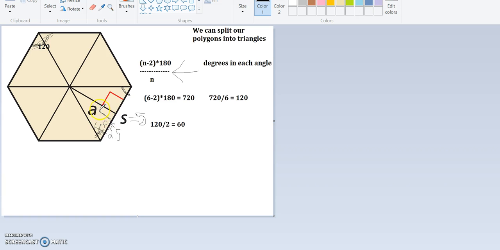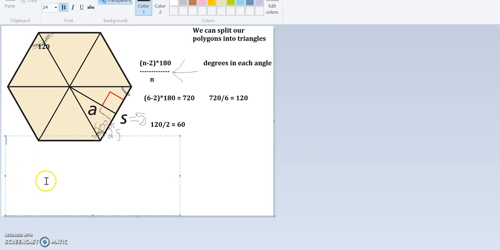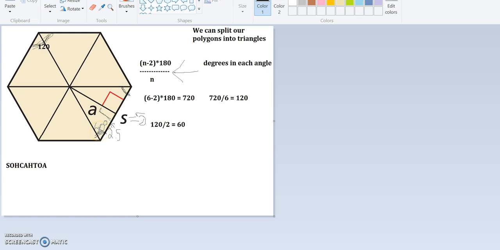And something we remember about right triangles is you can always find the last side if you know an angle and another side. So we're going to go back to trig. This is going to go back to SOHCAHTOA, right? Here I know this angle, and I have the adjacent, and I need the opposite.